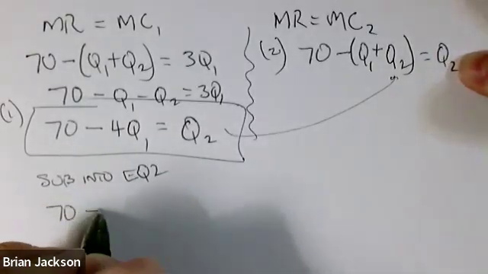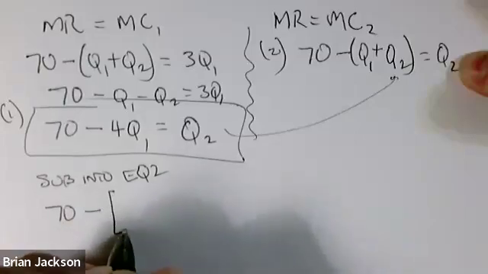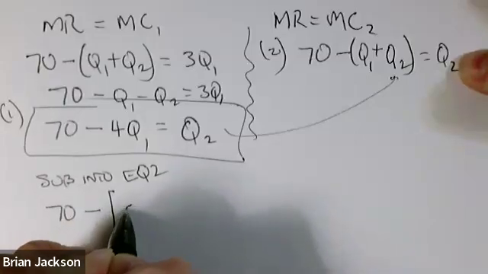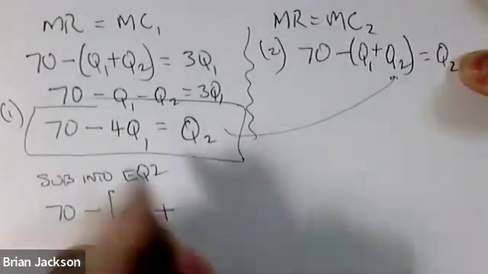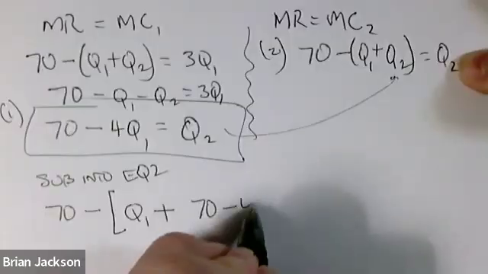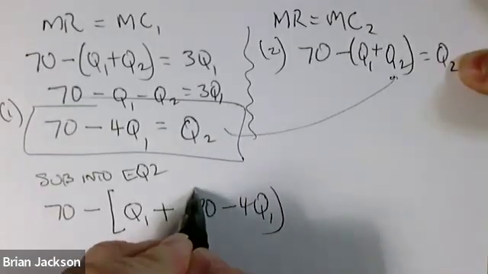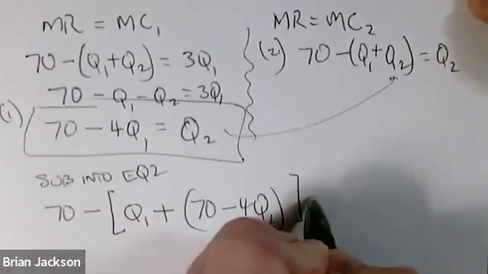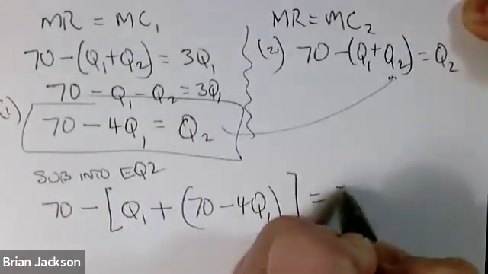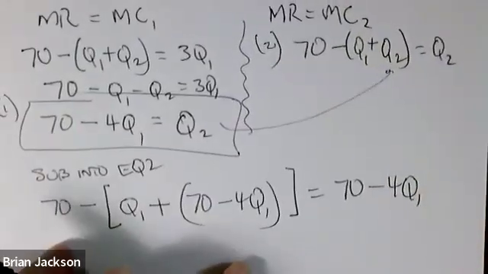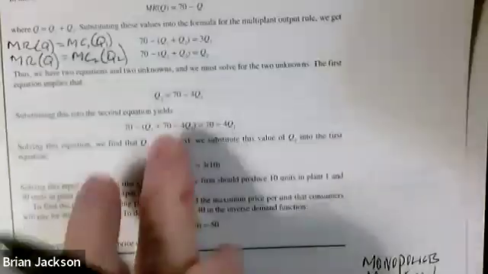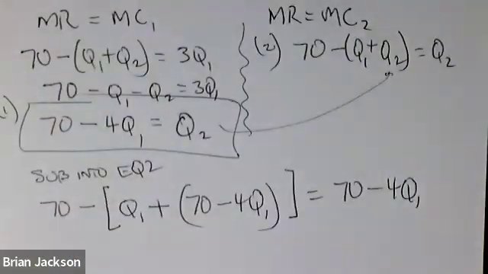So this is 70 minus Q1 plus Q2, where Q2 is 70 minus 4Q1. I think they have something like that for you in your text here. And they go on down, they solve for Q1 and Q2.